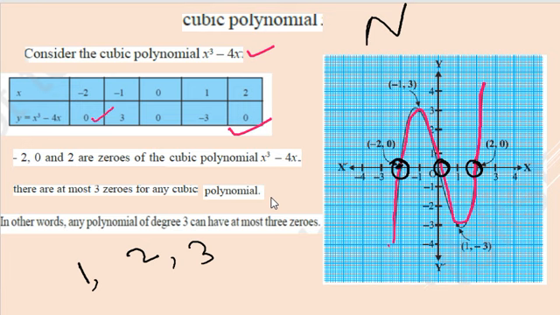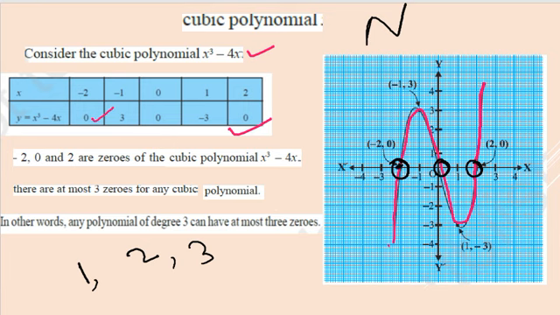I hope that up to this point you have understood. One by one we have discussed in this session the linear polynomial, quadratic polynomial and cubic polynomial, where the degree of the polynomial determines the most zeros, as you have seen.